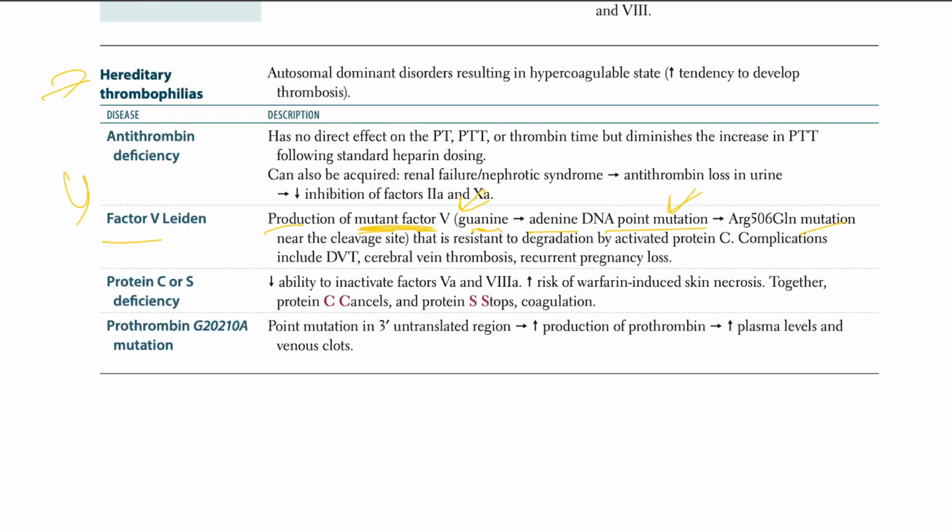You have a mutant factor V that is resistant to degradation by activated protein C. So protein C cannot degrade your factor V because it has a mutation in it. This leads to complications, which are DVT, cerebral vein thrombosis, and recurrent pregnancy loss.